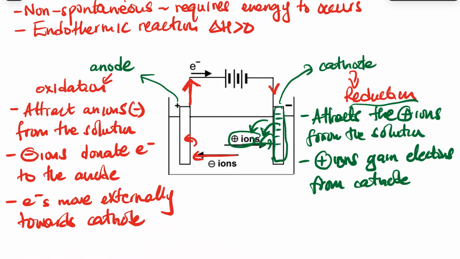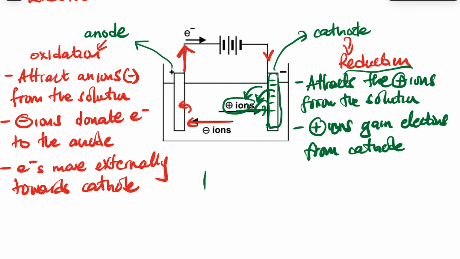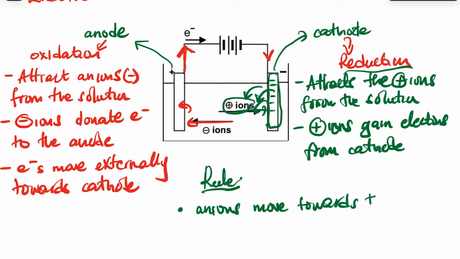I think that's what is important, guys. Another thing that is important is the rule, the same as in the salt bridge: negative ions move towards the anode, which was the same in the galvanic cell.